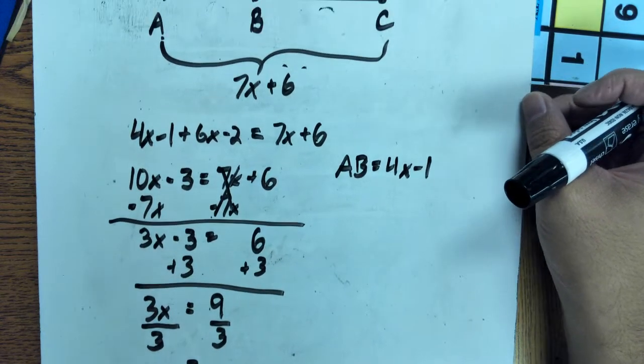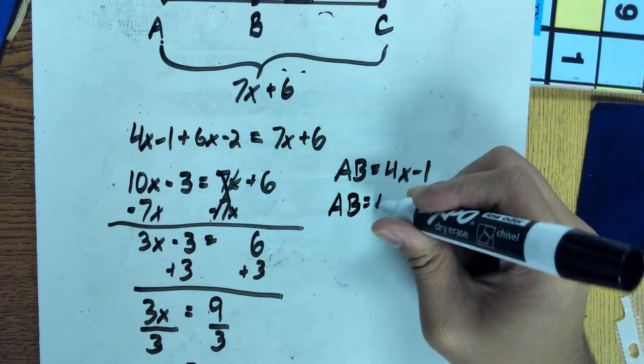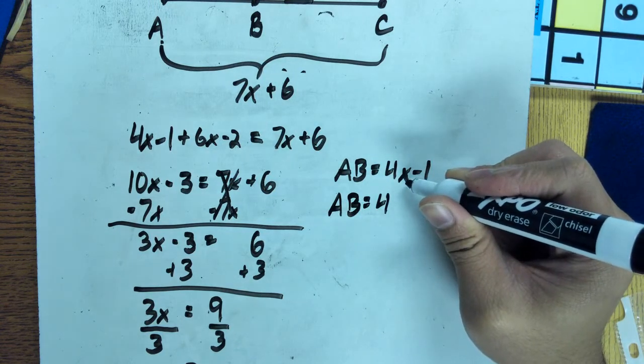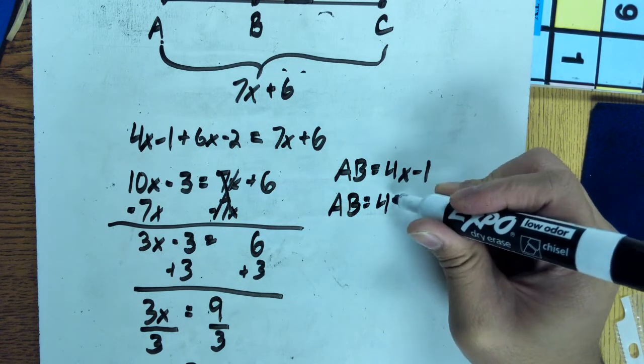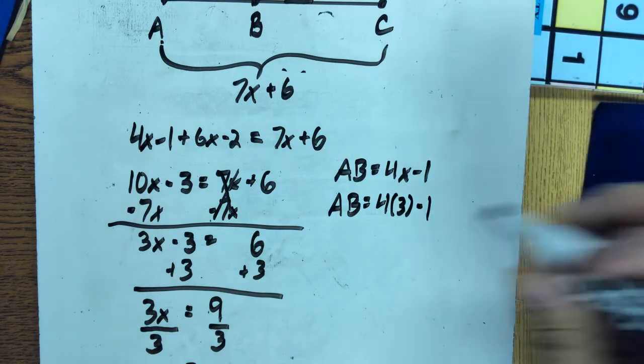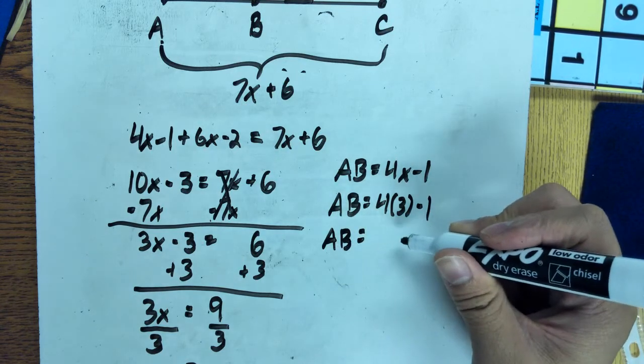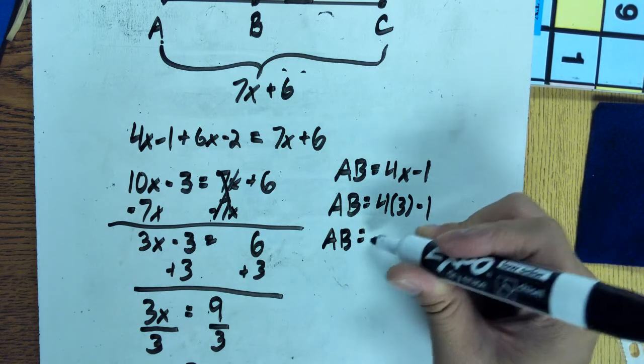So what I can do is the plug-in step. So we have AB equals 4, and we know x is 3, so instead of x, I can write in parentheses 3. That means we plug in the 3. So we have AB equals 4 times 3, 12. 12 minus 1, 11.